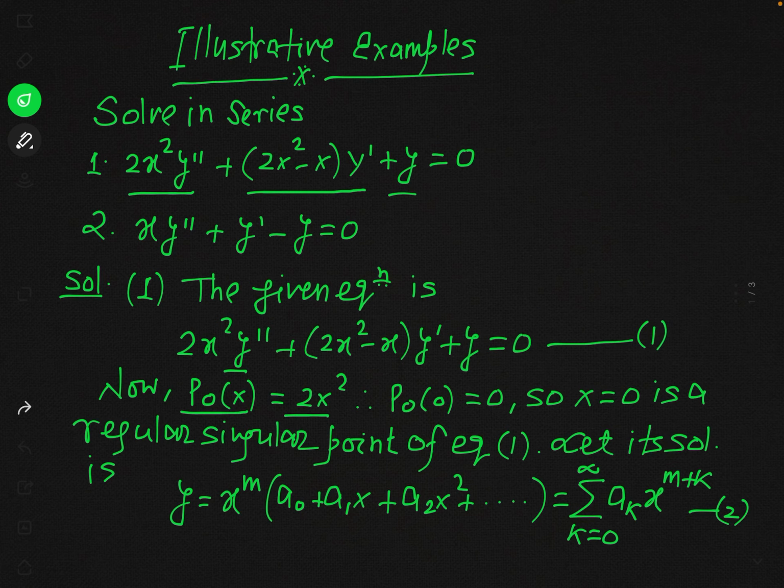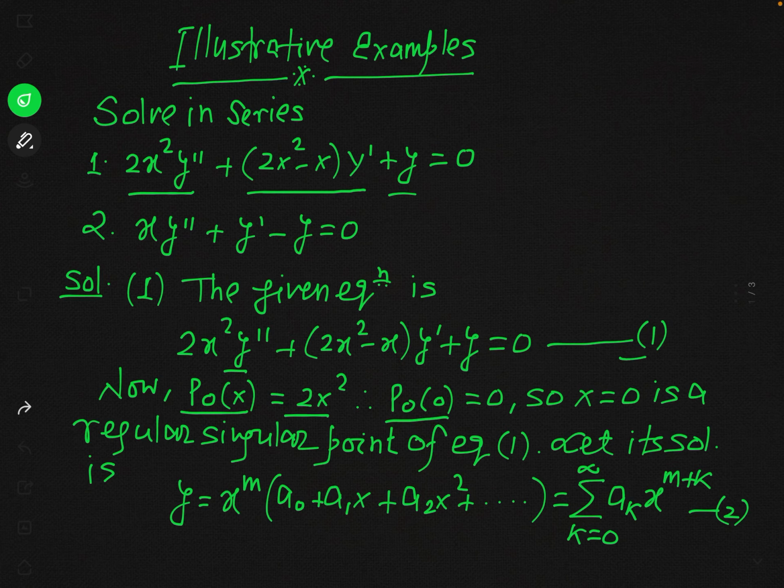If we take x equal to 0, then p naught of 0 is simply 0. And if p naught of 0 is 0, then x equal to 0 is a singular point of this equation 1.